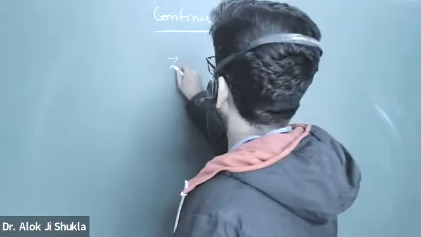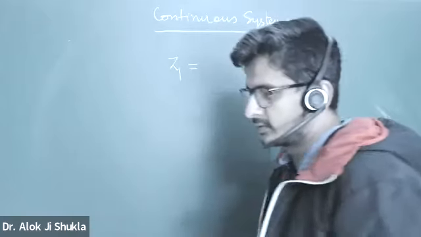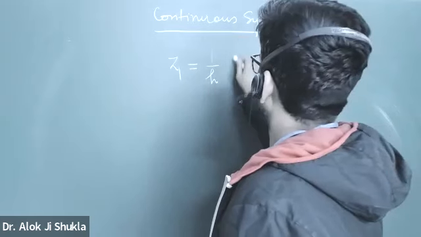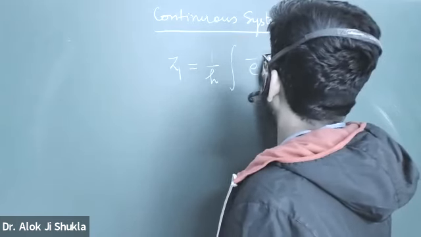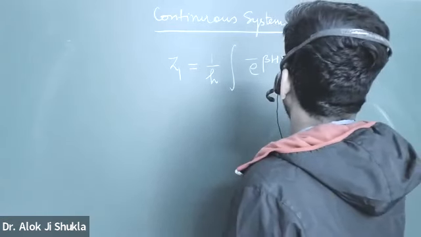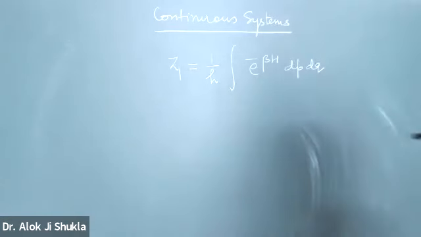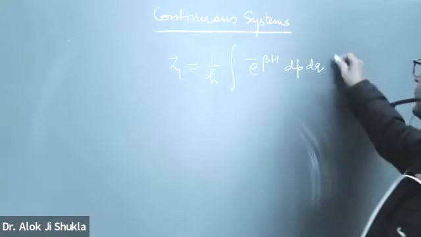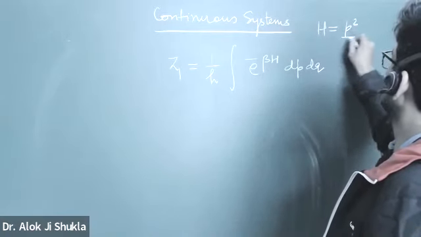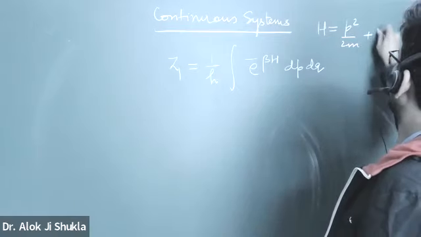And the partition function will be again given by this Z1 is equal to 1 upon h integral e to the power minus beta H dp dq. This will be the partition function. And H is the Hamiltonian given by the sum of kinetic energy plus potential energy.